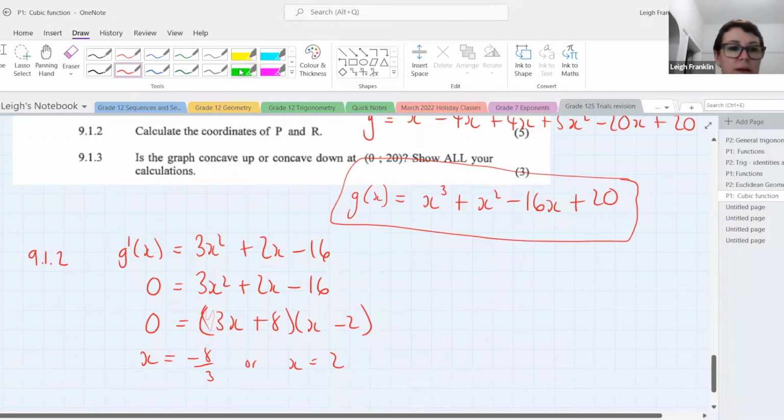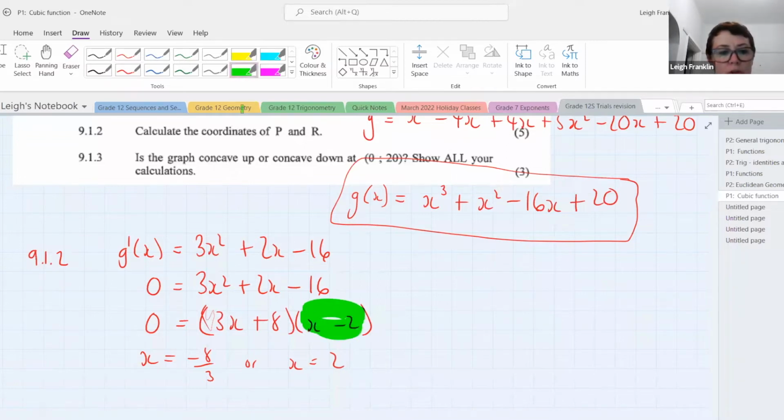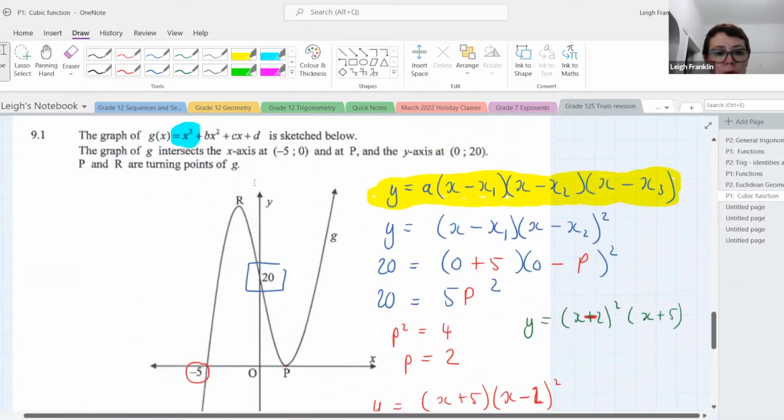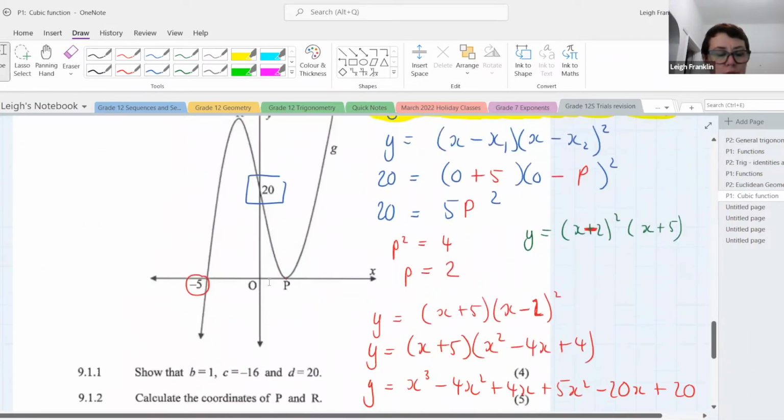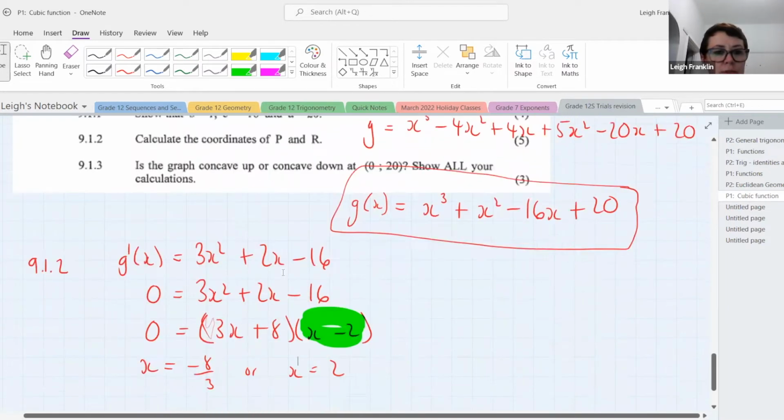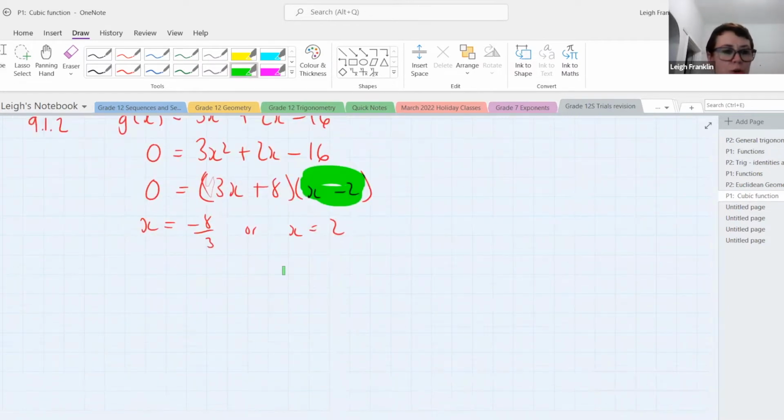Theoretically, we actually already know what this answer is before we start, because we knew that p was equal to 2, as the x-intercept. We also know that it's a turning point. And to work out the others, you've just got to go back and sub into the original. So easy enough. And make sure that you show those steps.